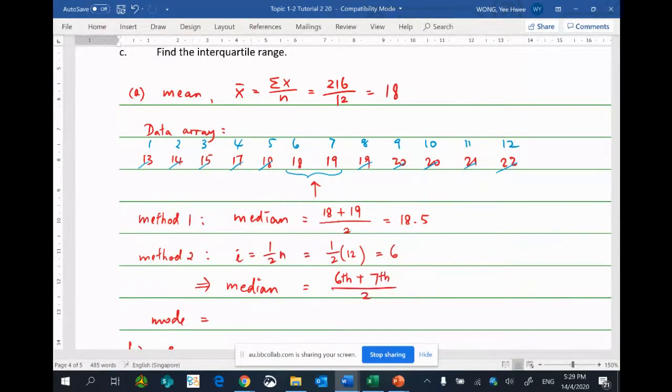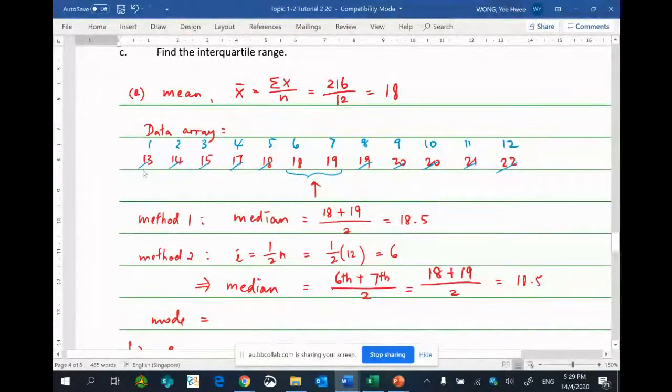Then you divide by 2. So what is the sixth number? The sixth number is 18. And then the seventh number is 19. So you still get the same answer, which is 18.5. Yeah, hopefully you got it. It's almost the same as what you have done.